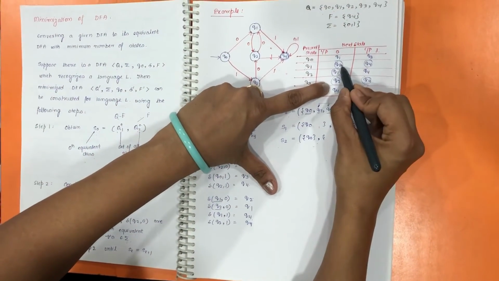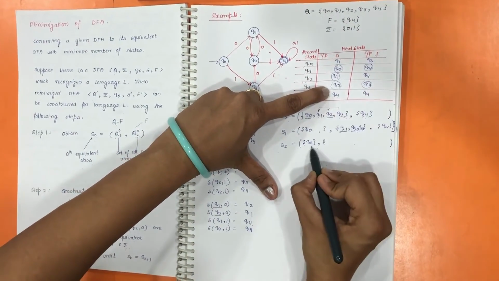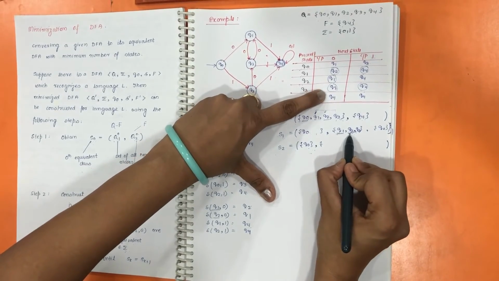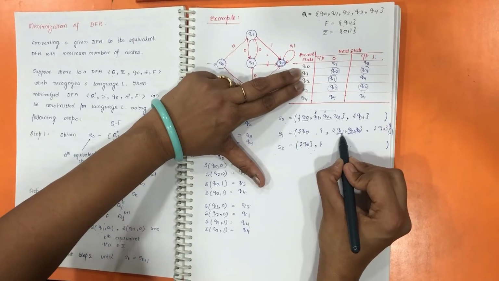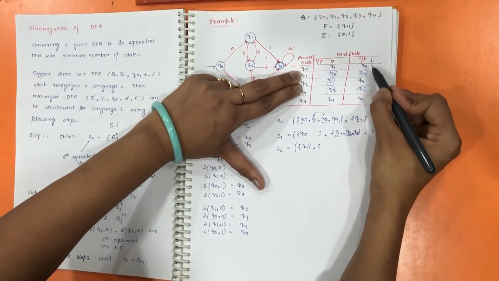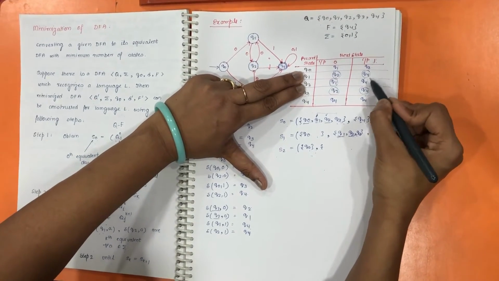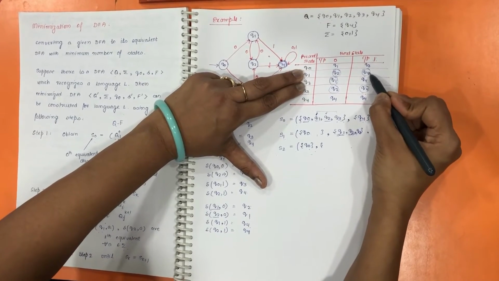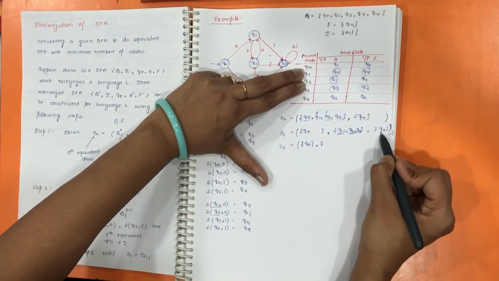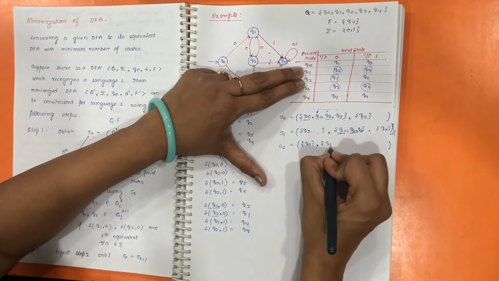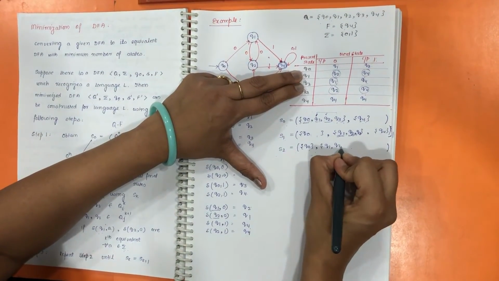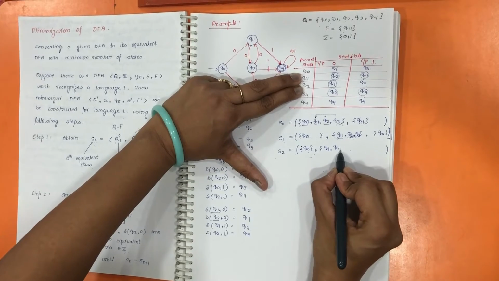So next states are Q2 and Q1 and they are lying in the same set. Now again check the equivalency of Q1 and Q2 for input symbol 1. For input symbol 1, next states are Q4 and Q4, and this is lying in the same set. So here we can say that Q1 and Q2 are two equivalent also.